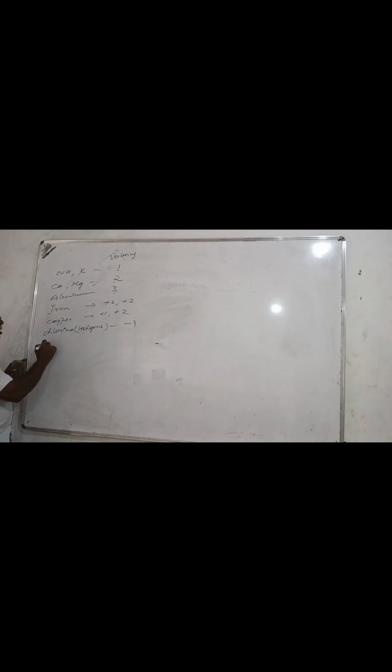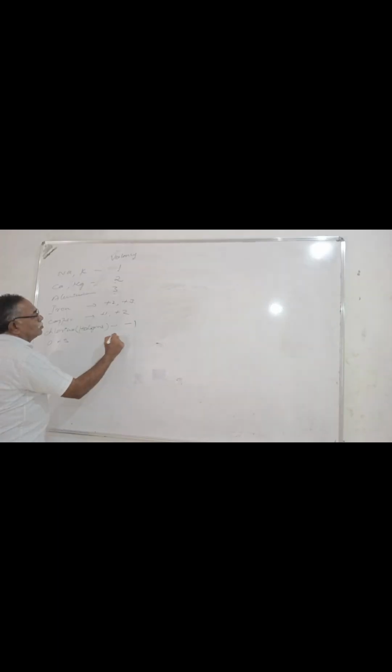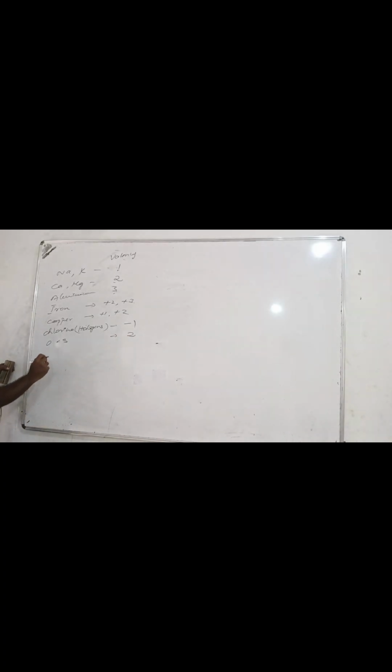Chlorine and bromine valency is 1. Oxygen and sulfur valency is 2. They also receive electrons, so we can write minus 2.